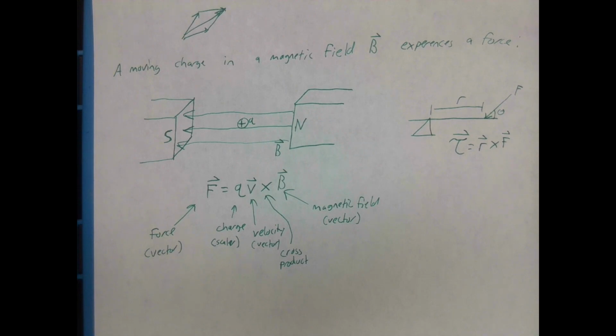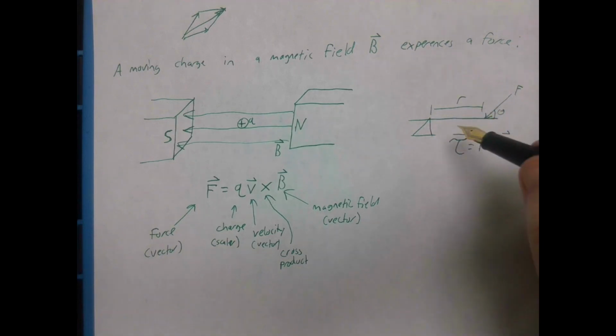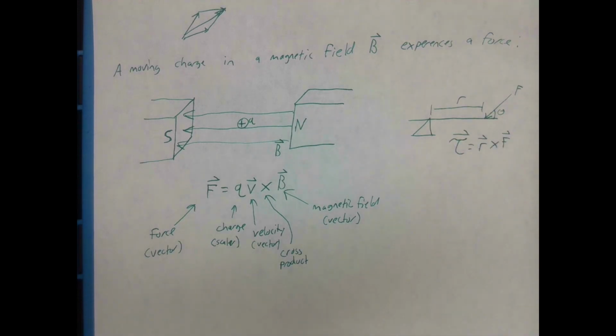Right? Now, what did the cross product do? Well, that's why I'm showing you, to remind you. What only counted in this example? So, torque is rotation. What if I pushed on it horizontally? Torque was 0.